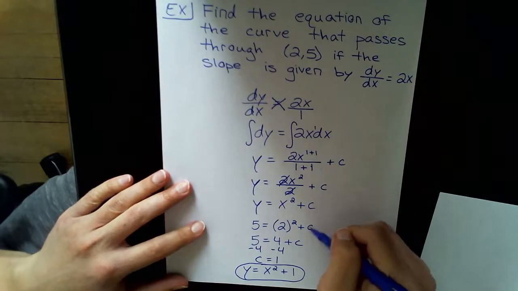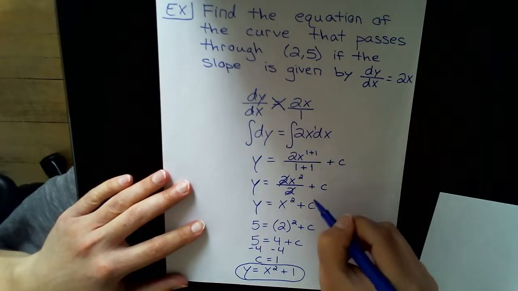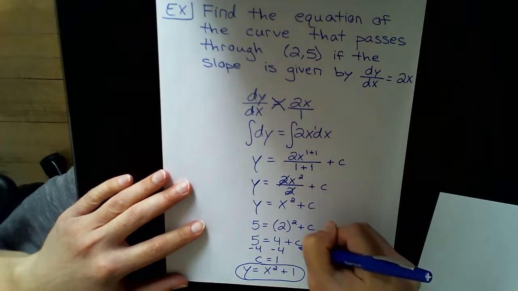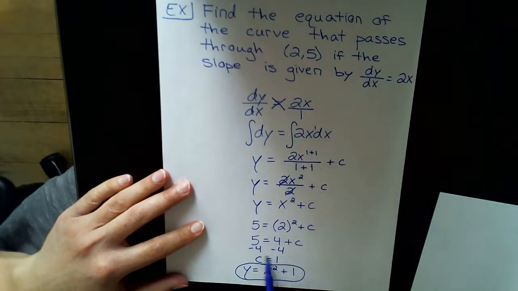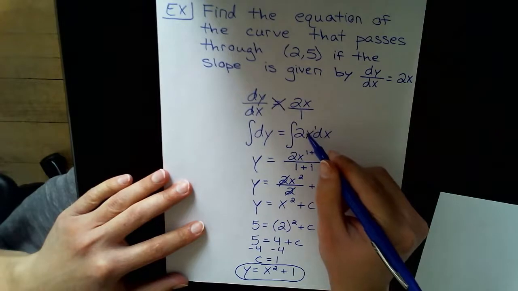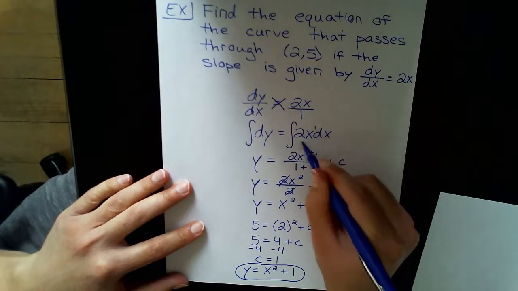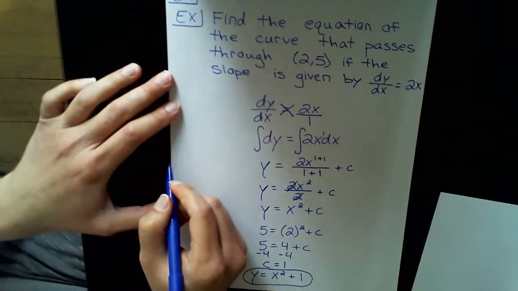Alright, so notice at the end of the day, it didn't matter what we labeled c as. It was still always going to be plus 1. No matter what value we would find, we would get c equals 1 at the end of the day. What I'm saying by that is, remember, on this step, the integral of 2x dx, I'm going to write this off to the left.